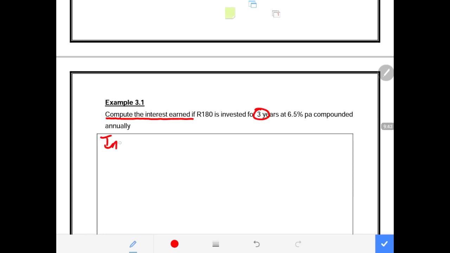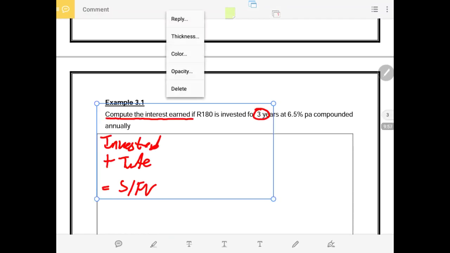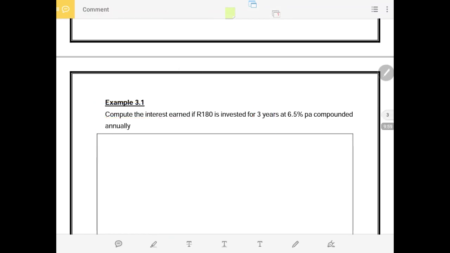We need to know the amount that was invested, and the amount that was invested plus the interest for each of the periods will give us what we call the sum accumulated, or the future value, and we'll still talk about that in detail as we proceed.